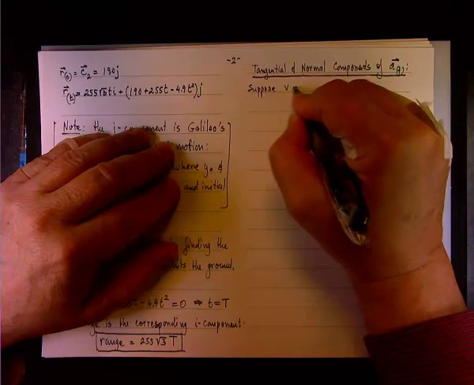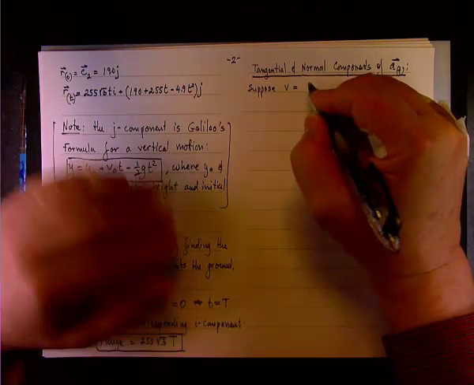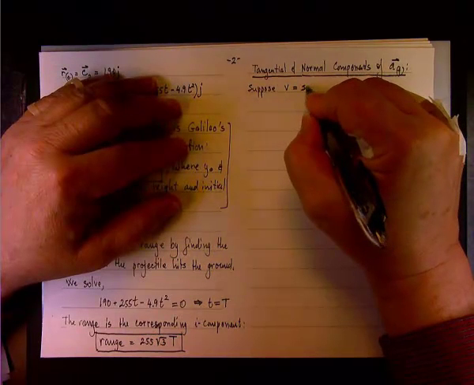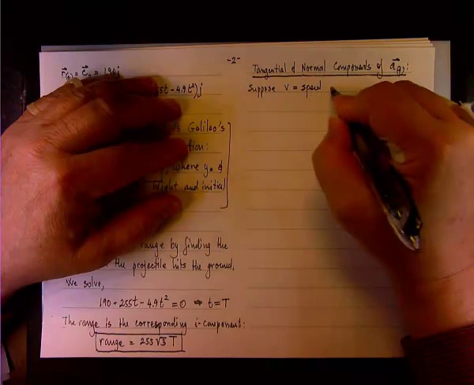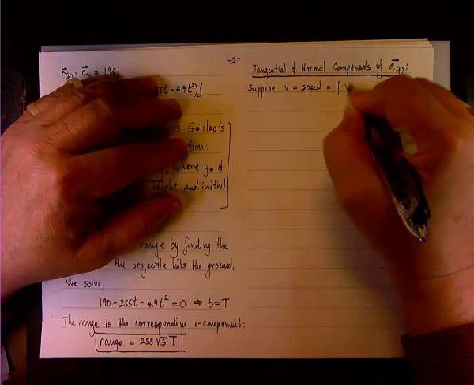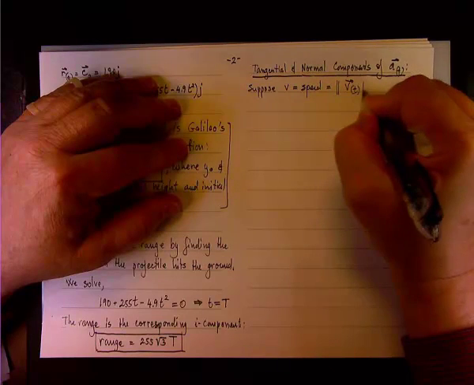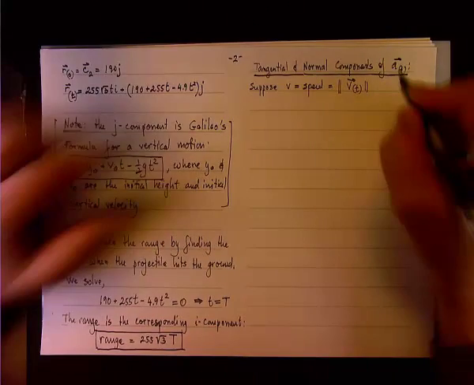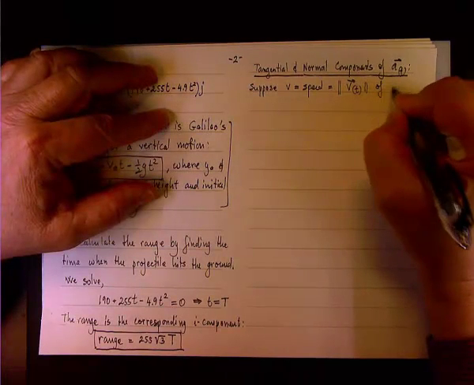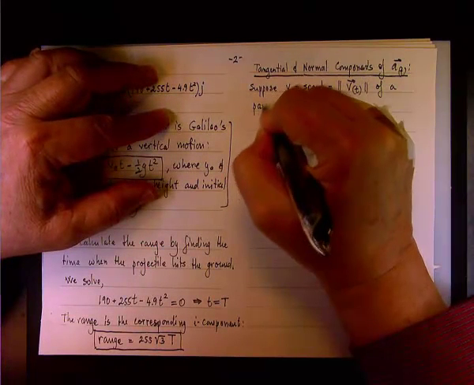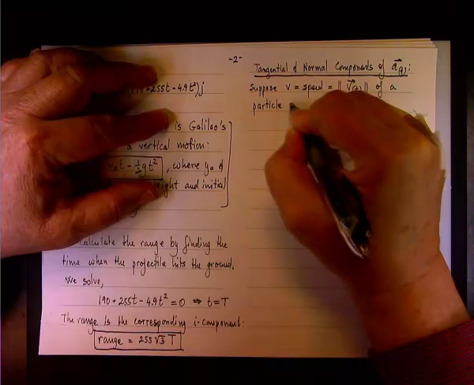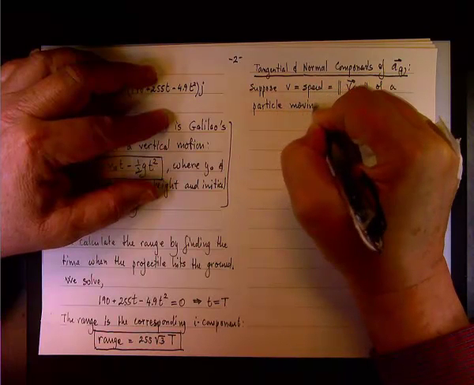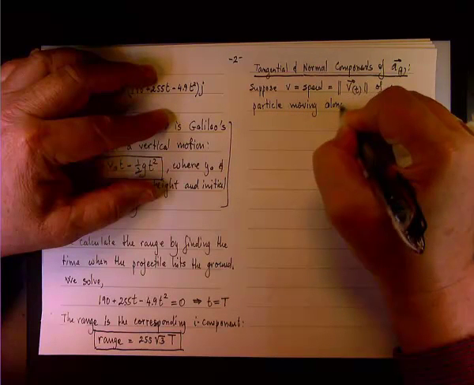But here's where we start. Yeah, let's start with this. Suppose V, and this is a scalar function. In other words, this V is a real valued function in time.